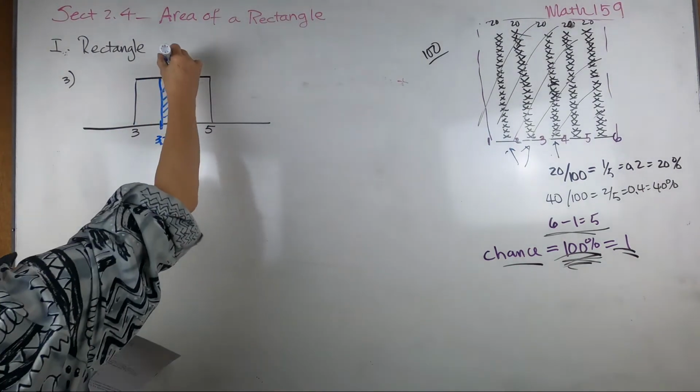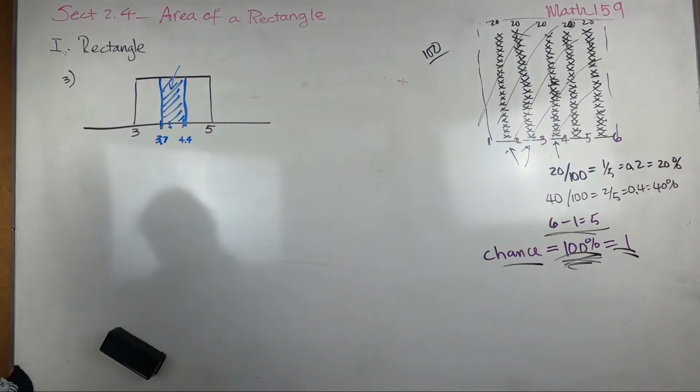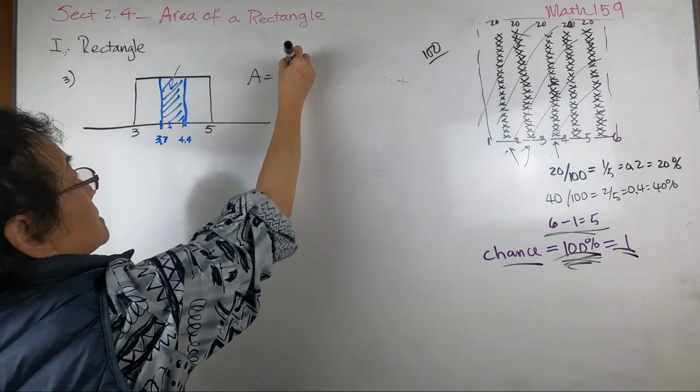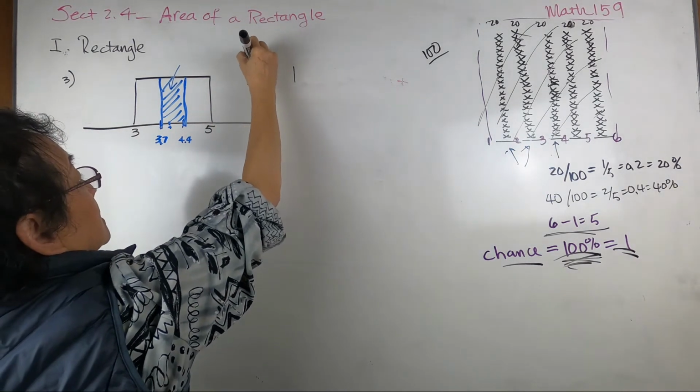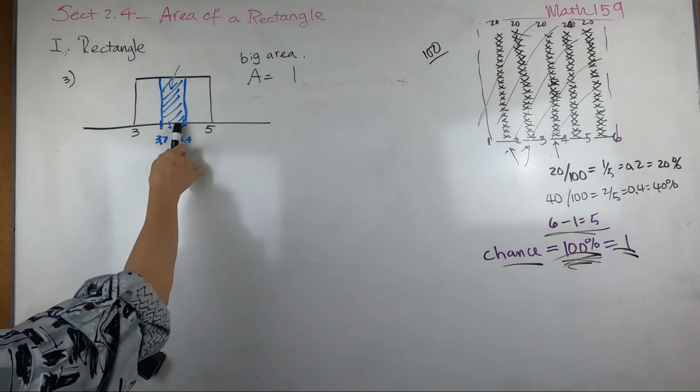We want to find this area. The whole big area is what? The whole thing, big area is 1, right? Then we want to find the blue area.